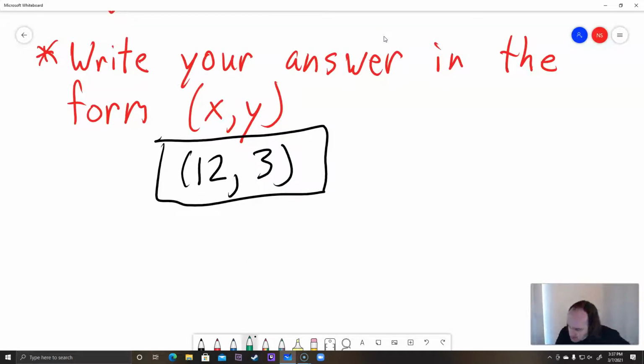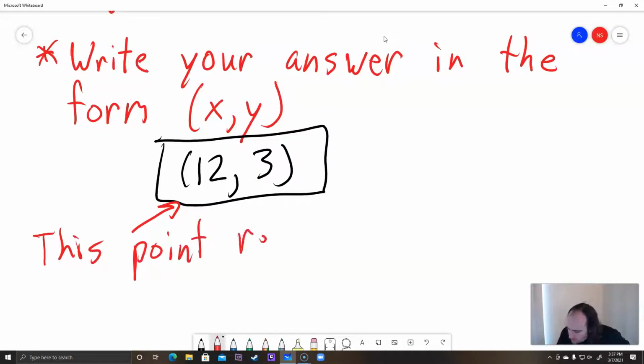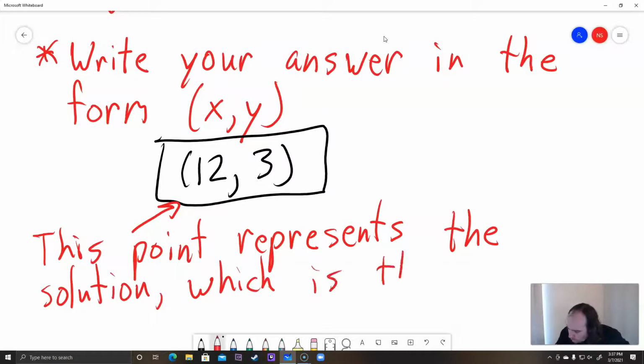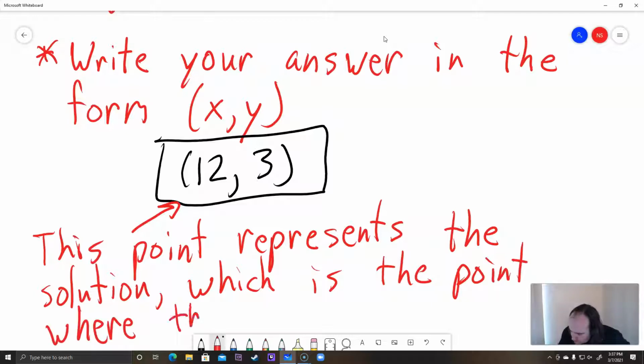So anyway, this point represents the solution, the point where the lines intersect.